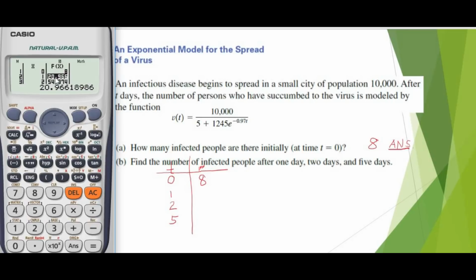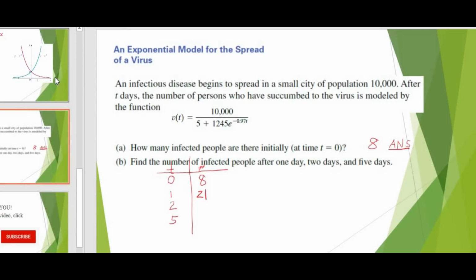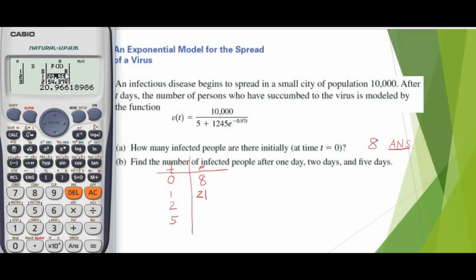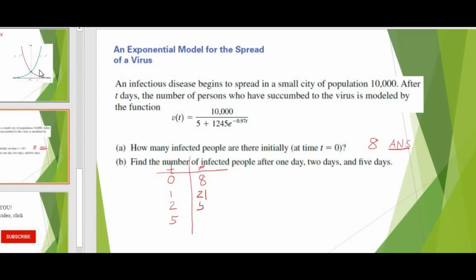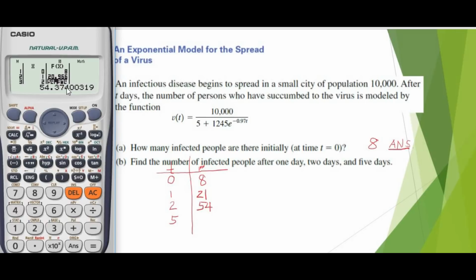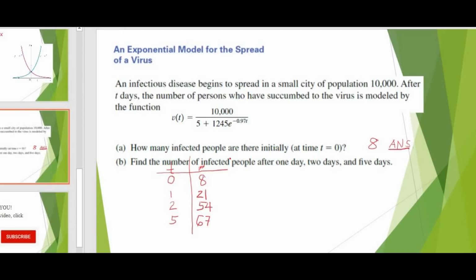After 1 day, we would expect there will be 21 infected people with the virus. At time t equals 2, we have 54. And on the 5th day, we have 678. Okay, so that's it.